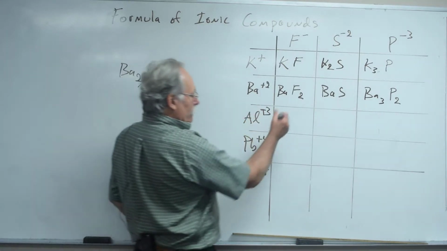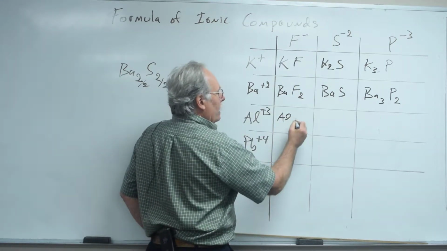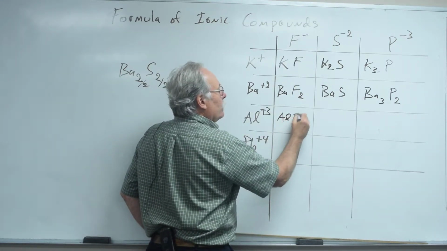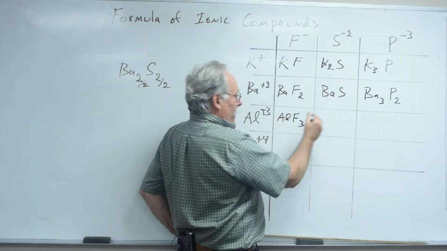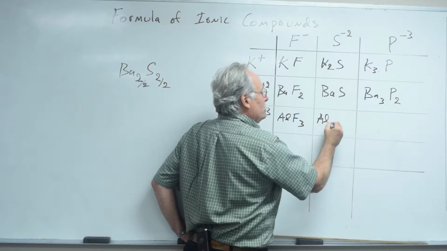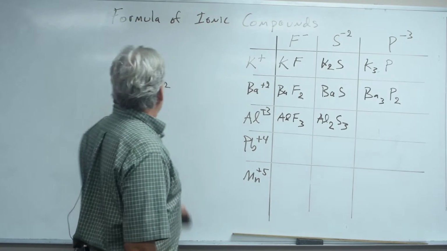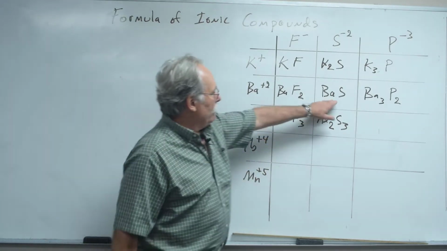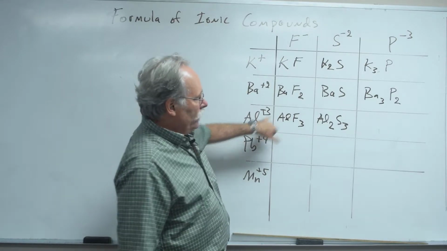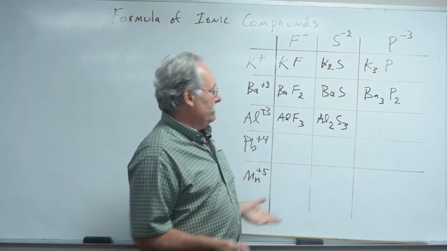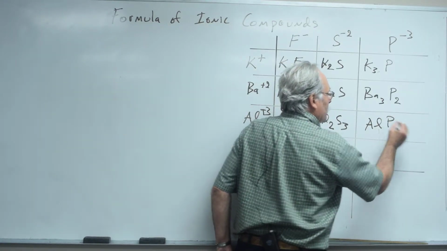Now I come over here and I have Al, one of these, and then I have 3 of the fluorides. I come over here and I have Al2S3. Now I come over here, and I have the same problem I had with the barium sulfide. It would be Al3P3, but obviously that's not the lowest whole number ratio, so it would be AlP.